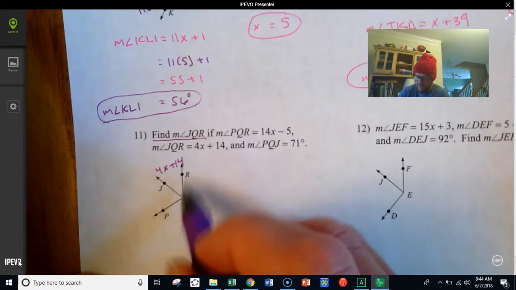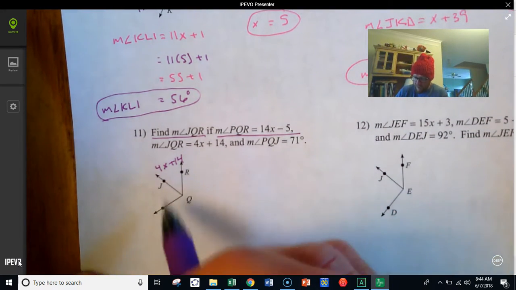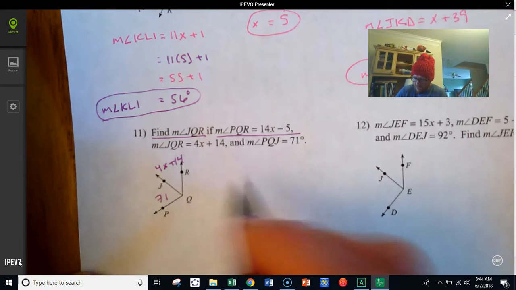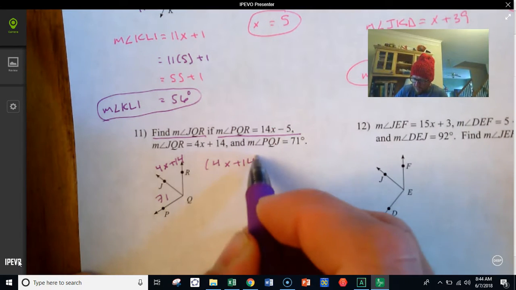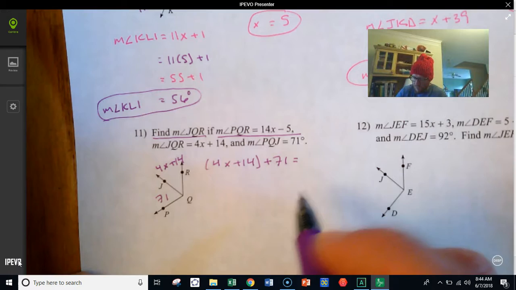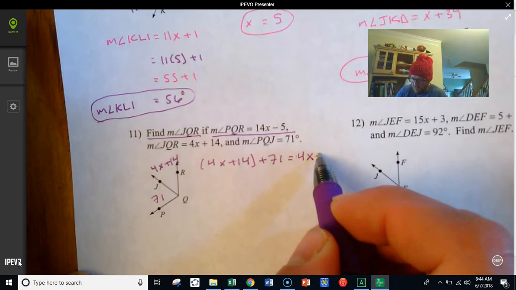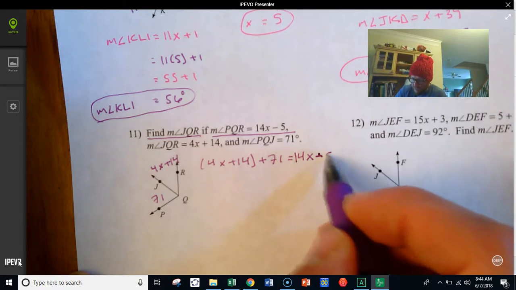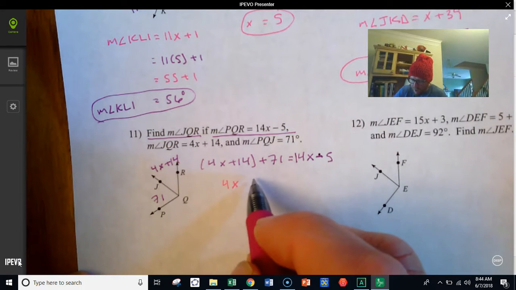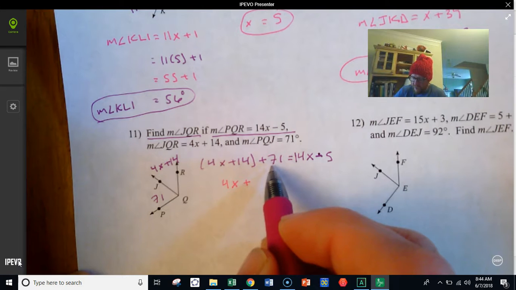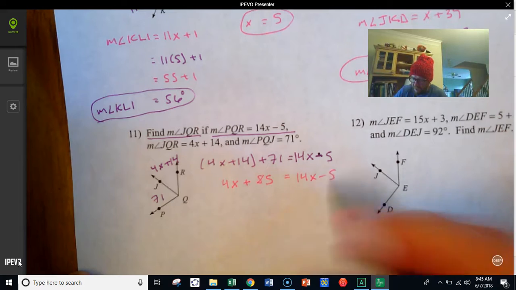The big angle, PQR, is 14x minus 5, and then PQJ is 71, so we end up with 4x plus 14 plus 71 equals 14x minus 5. Over on this side, I'm going to start by combining some like terms. 4x plus 85 equals 14x minus 5.